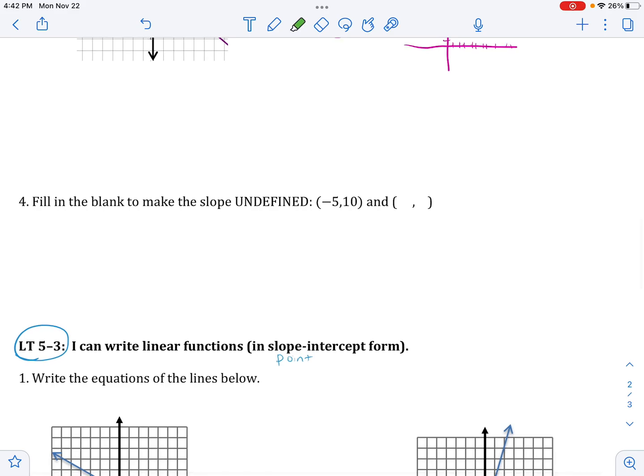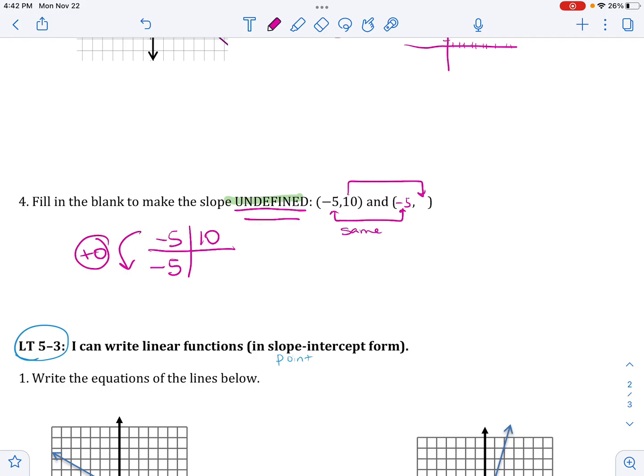Okay, to make the slope undefined, you want this growth to be 0. So if I put -5, 10 here, if we want the slope to be undefined, this has to grow by 0, which means this number has to be the same. So this number is the same, and this number is different.